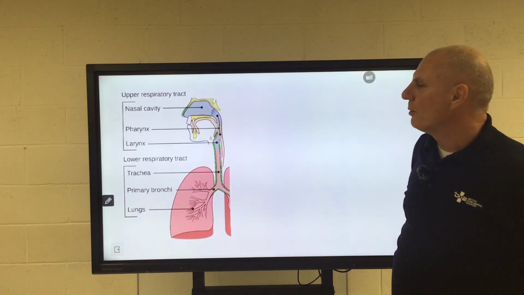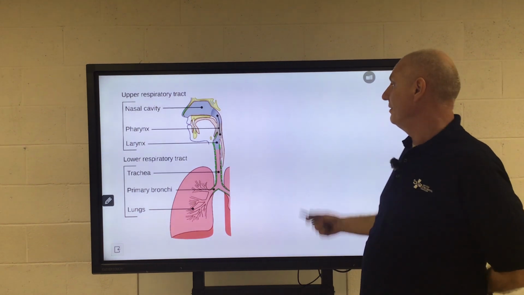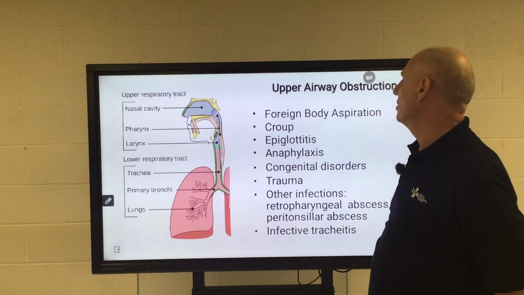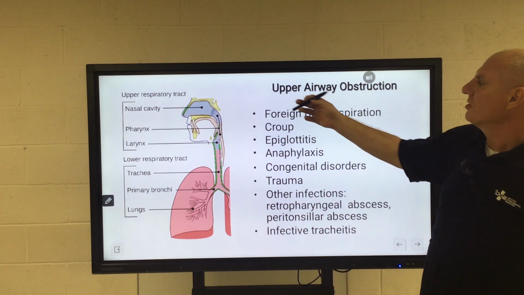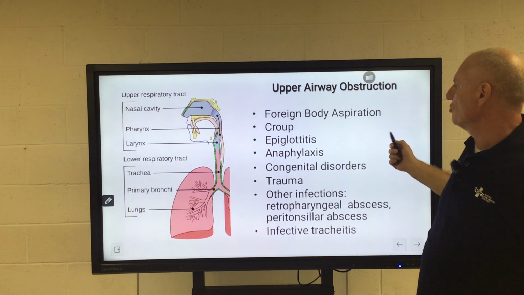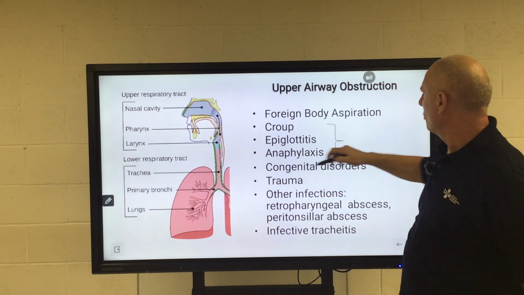So we're not going to go into heavy anatomy and physiology because we have already done that at our basic levels, but we will just revisit one or two little bits. Upper airway obstructions can cause issues obviously with the likes of stridor. So what is stridor? Stridor is something which affects the upper airway.